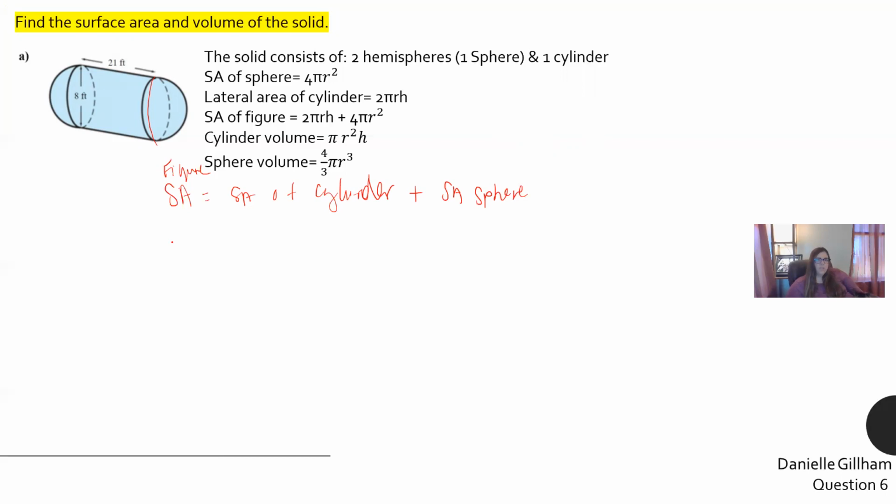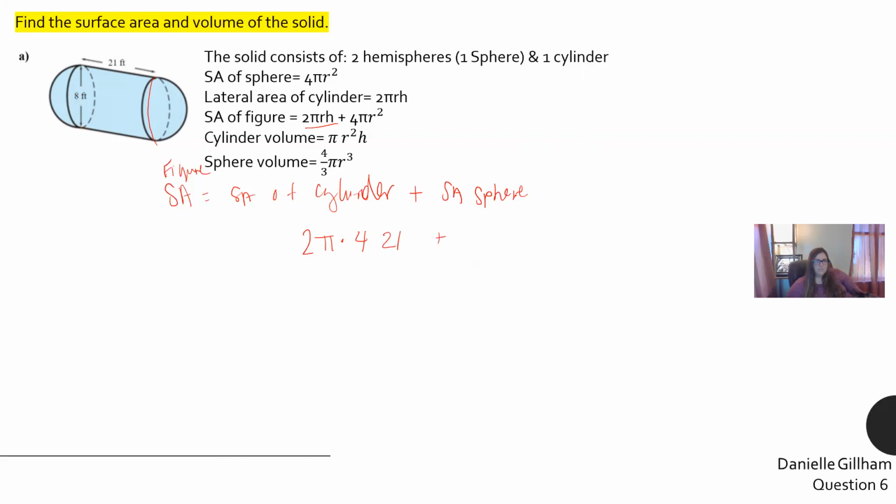So in order to do that, we have surface area of a cylinder is 2 times pi times r, or radius, times height. So our radius is going to be half of 8, so it's going to be 4. And then times height is 21.